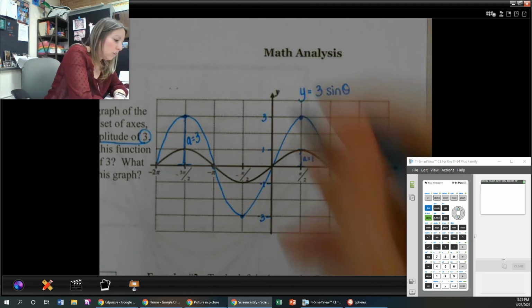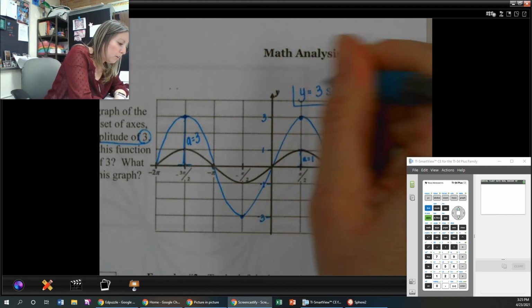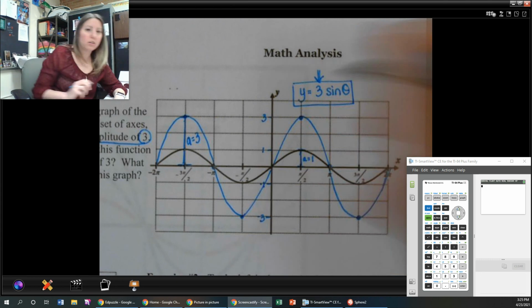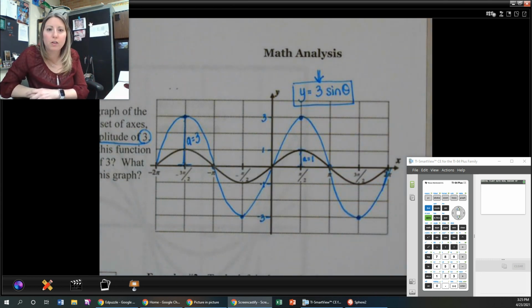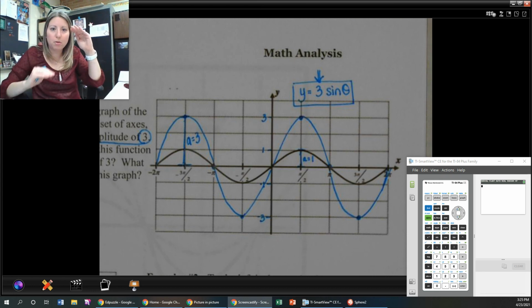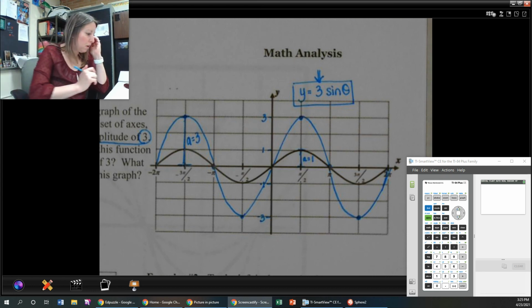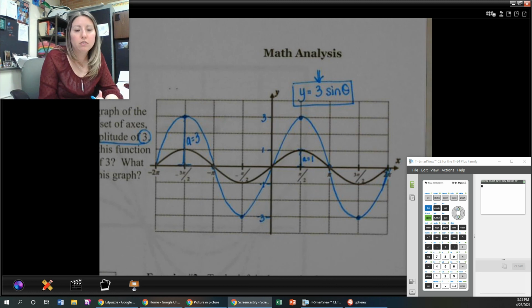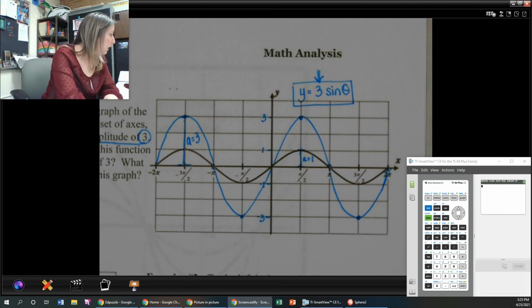Okay? 3 is the amplitude because it's the number that is in the front, indicating an amplitude of 3. The height, the maximum, it's up 3. The minimum, down 3. Now, I also mentioned, very casually, when I was looking at this problem, something called the midline.